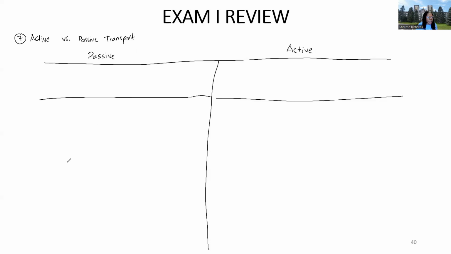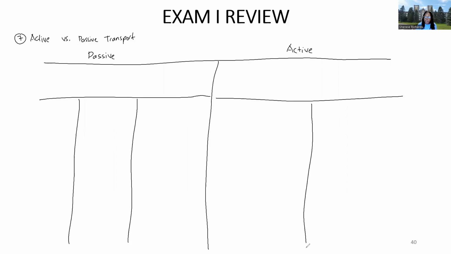Now we know that there are subtypes for each of these, right? There are 3 different flavors, so to speak, for passive transport. And then we had 2 main types of active transport. So passive transport, we said, was spontaneous. Another way to say that was downhill. We can also say that it's going to donate energy.